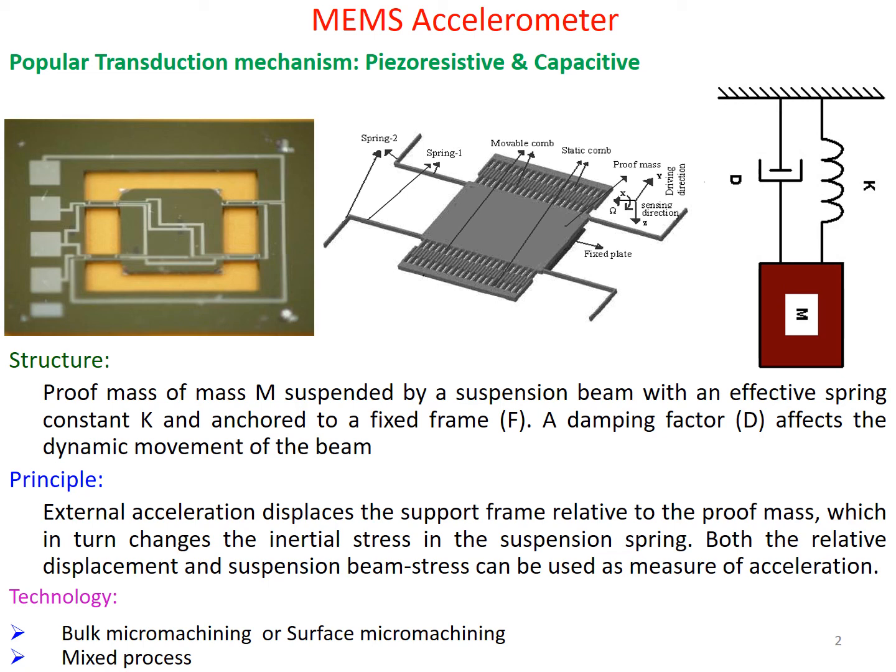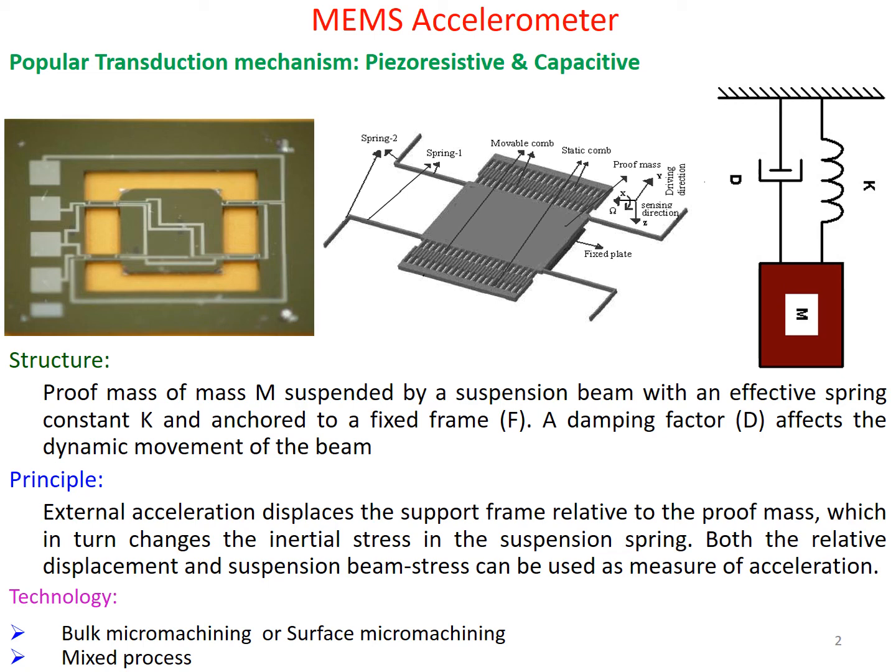Since the mass spring system is kept within the reference frame, there will be a relative displacement between this reference frame and this mass. Based on that relative displacement, it will be converted into the corresponding electrical output, so from that output we can tell what the input acceleration applied is. So that is the basic theory.